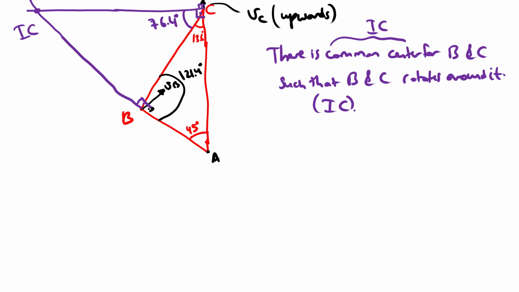You can check, the sum is 180. So that angle will be 180 degrees minus 121.4 degrees, which is 58.6 degrees. And then the summation should be 180, so that will be 45 degrees. This part is RCIC. This part is RBIC.